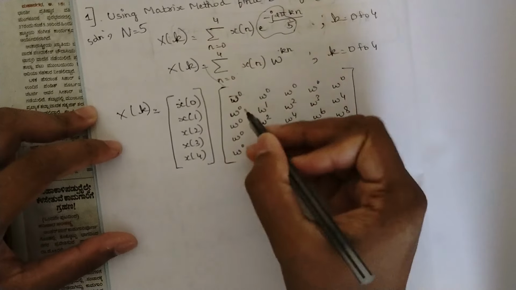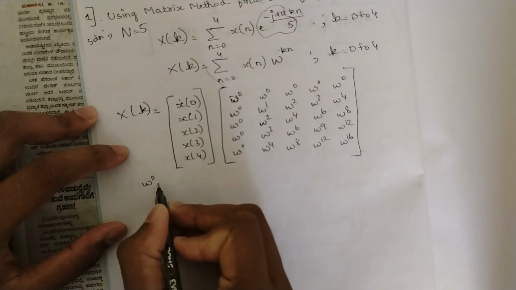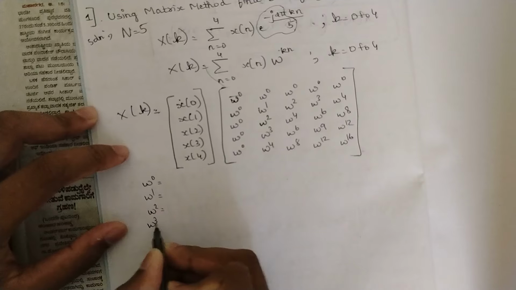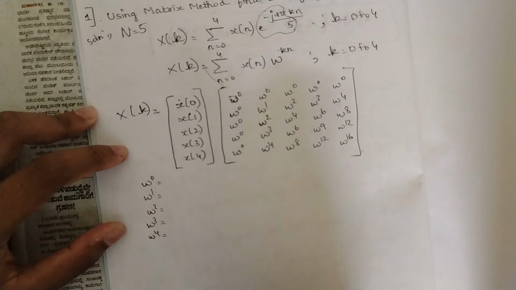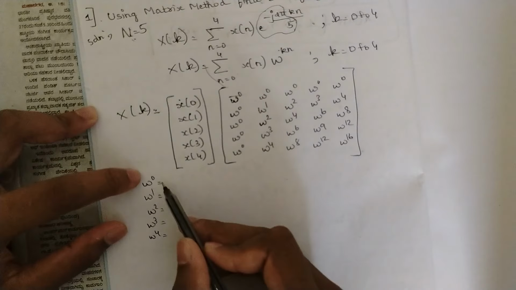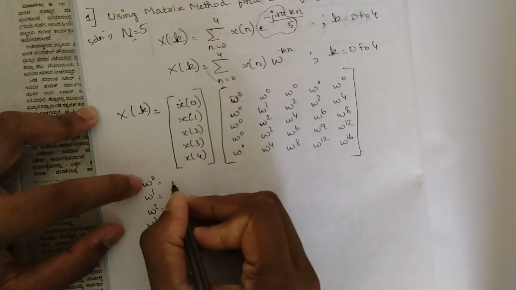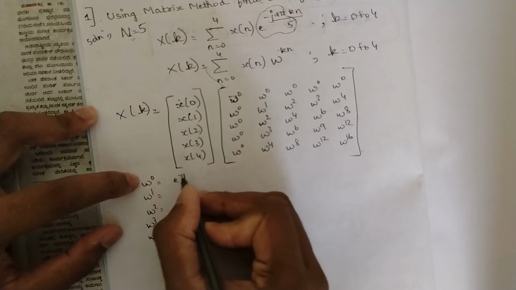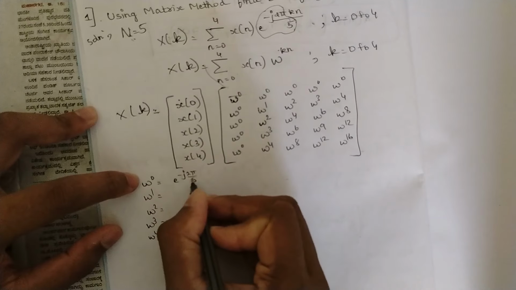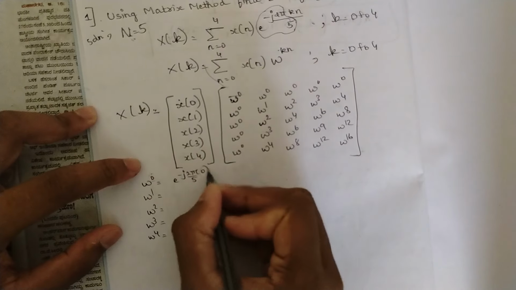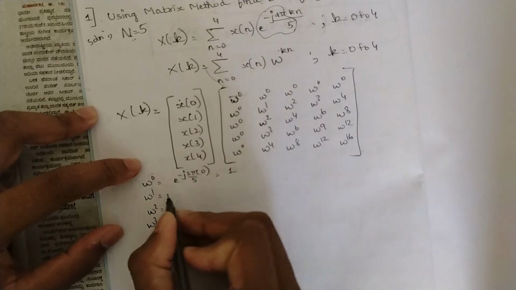Now we should be finding the values of w0, w1, w2, w3 as well as w4. Since the length of the sequence is 5, you should be finding all the values up to w4. So we know that w is equal to e power minus j 2 pi by 5, and here in place of kn we have 0, so directly we can write w0 equal to 1.